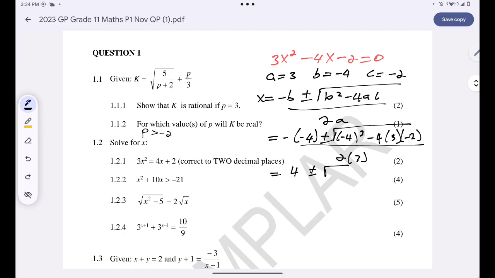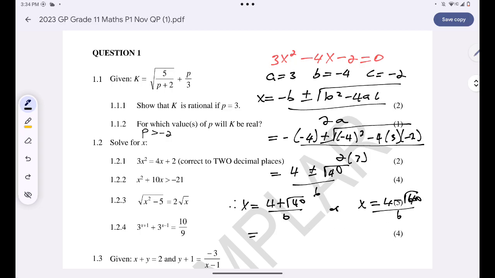I have 4 squared plus... that's 40. Oh, it's 16 plus 24 rather. Okay. This gives me the square root of 40 all over 6. So therefore, x is equal to 4 plus the square root of 40 over 6, or x is equal to 4 minus the square root of 40 over 6.